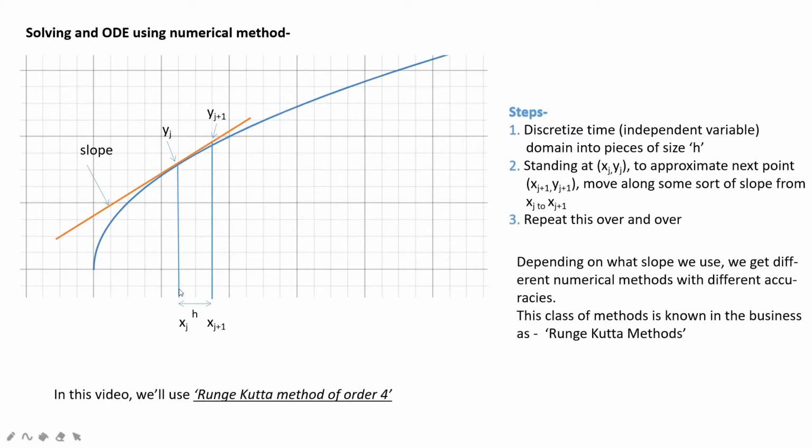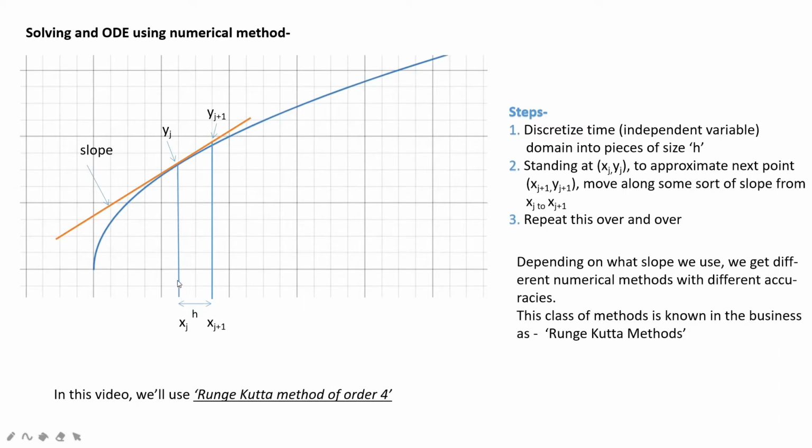So as you can see in the graph, we have divided the time domain into pieces of size h. Now, second step is standing at the point xj, yj, to approximate the next point xj plus 1, yj plus 1, move along some sort of slope from xj to xj plus 1.